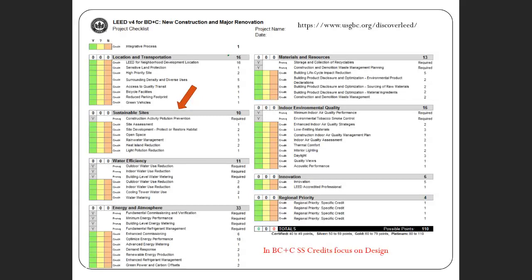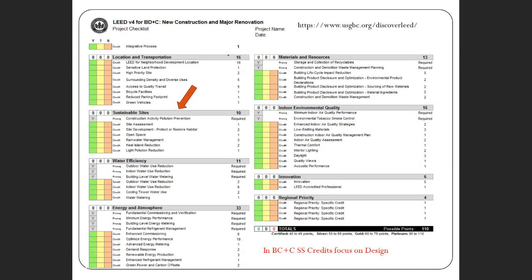Again, here you can look at sustainable sites. So we talked about rainwater management. We talked about heat island reduction. We talked about light pollution reduction. Those are the major areas that we have credits available to us in the sustainable sites credit category.